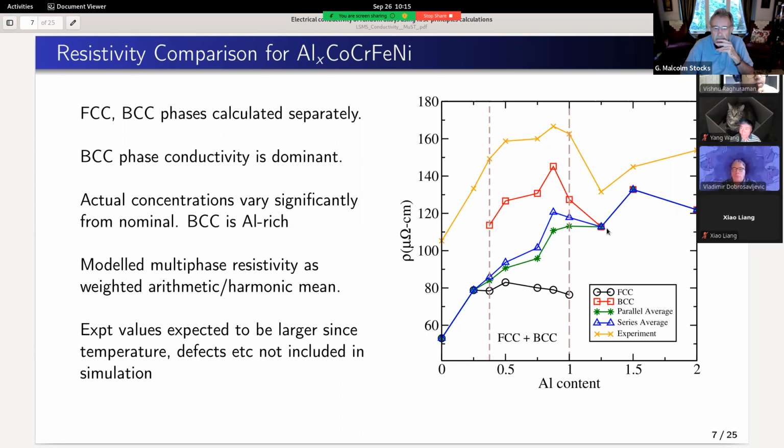Yeah. So again, it would be nice to approach the experimentalists and say, why can't you do some measurements at zero temperature, just to see? Because you've got two things, right? You've got the disorder and you've got lattice vibrations.